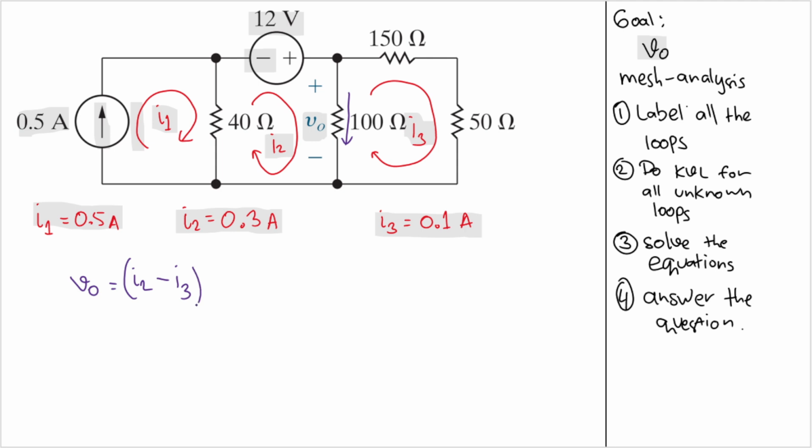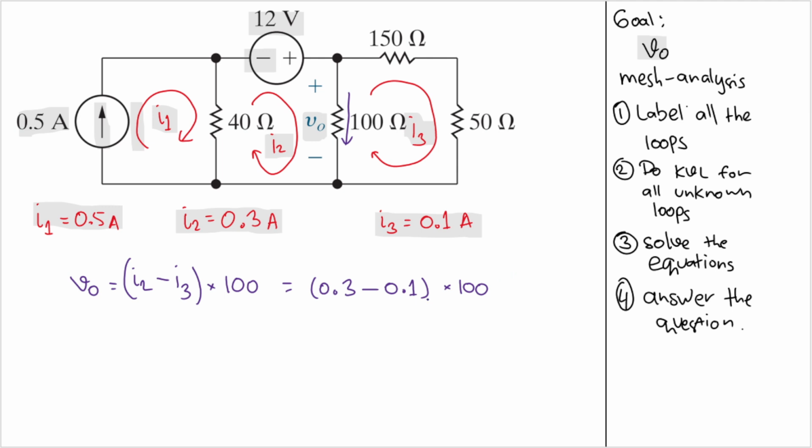And that is this current here that passes through the 100 ohm resistor. But then we need voltage, so we multiply it by the resistance. So I will have 100. And we know I2 and we know I3, right? So we will have 0.3 minus 0.1. And we can multiply it by 100.